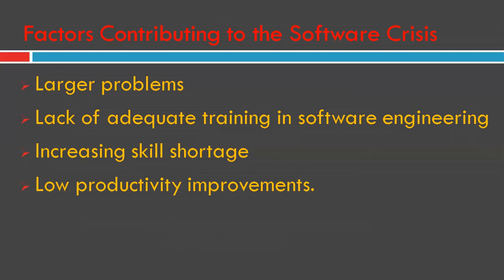The symptoms of the software crisis are not hard to observe. But what are the factors that have contributed to it? Apparently, there are many factors, the important ones being rapidly increasing problem size, lack of adequate training in software engineering techniques, increasing skill shortage, and low productivity improvements.